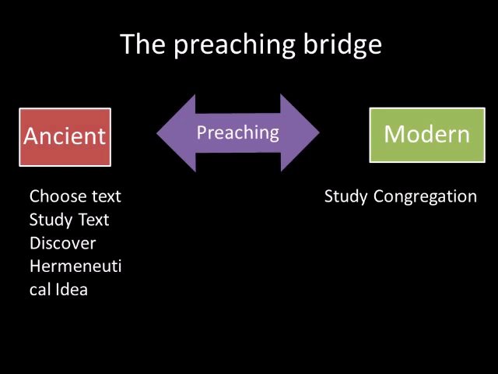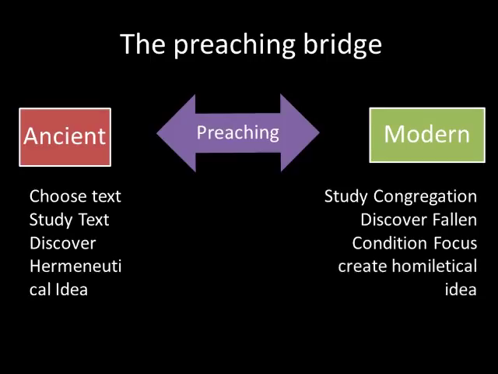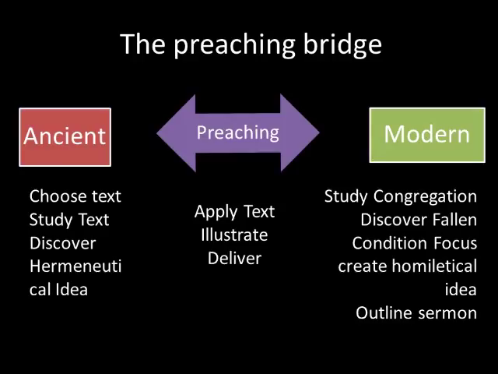The modern world: we're going to be looking at the congregation, studying the congregation, discovering the fallen condition focus, which we'll explain later, creating a homiletical idea, and then outlining our sermon. And then after we do that, we'll be working on the details of the sermon itself, which will mean that we'll be applying the text, illustrating the text, and delivering the text.